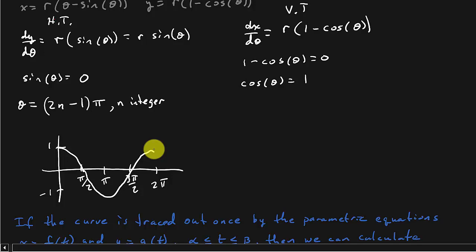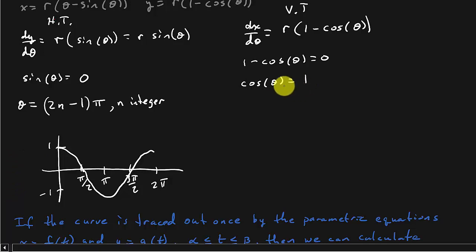So let's look at this. When is cosine 1? Well, we can see it at 0, 2 pi, and I wonder what else. 4 pi, 6 pi, 8 pi, and so on. And then also negative 2 pi, negative 4 pi, negative 6 pi.